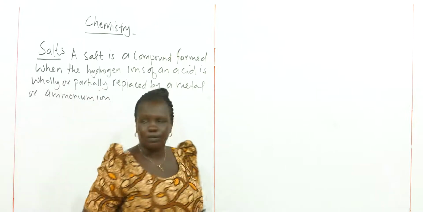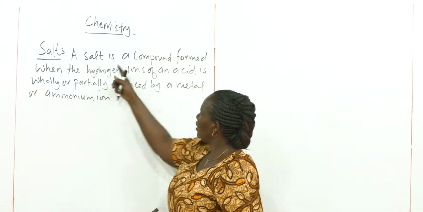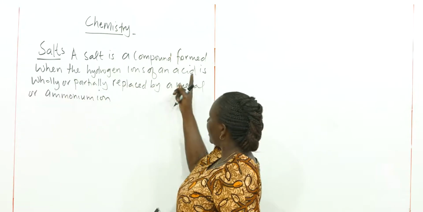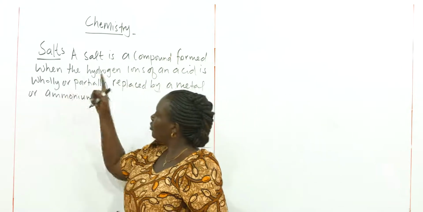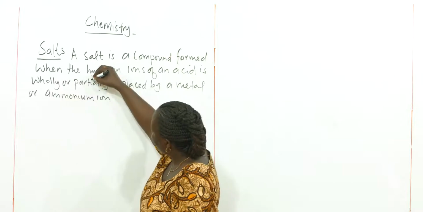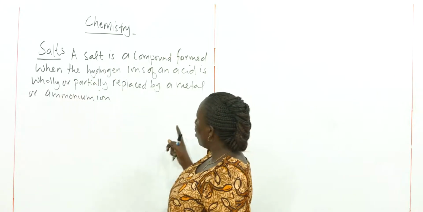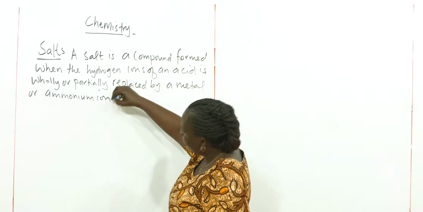That is, a salt is a compound formed when the hydrogen ions of an acid are wholly, that is completely, or partially, replaced by a metal or ammonium ion.